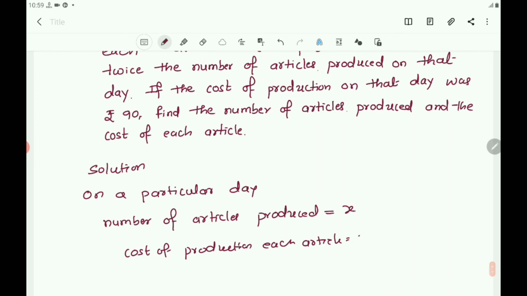That is, twice the number of articles means 2x, and 3 more means plus 3.